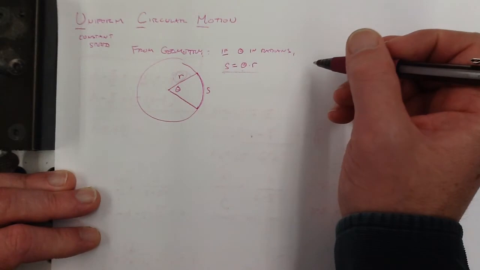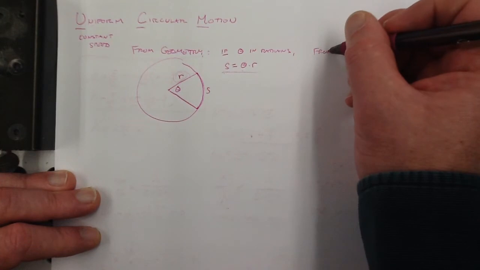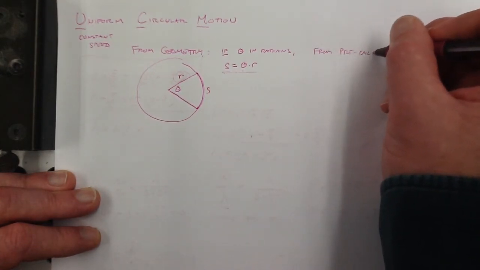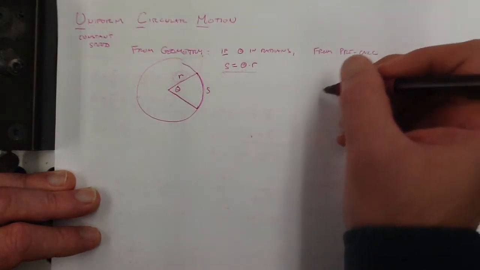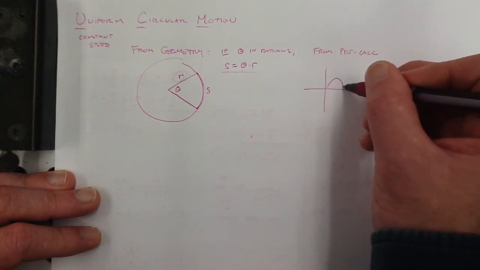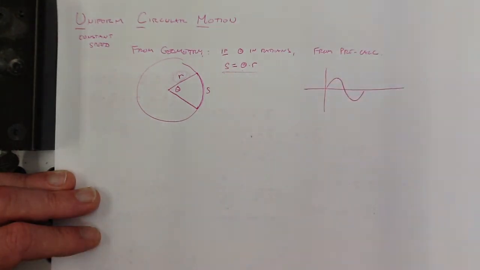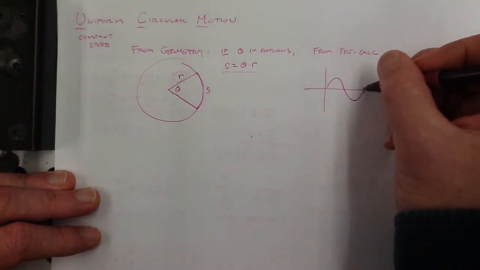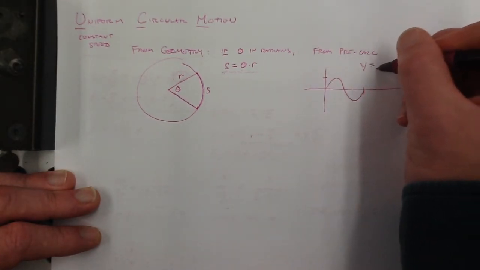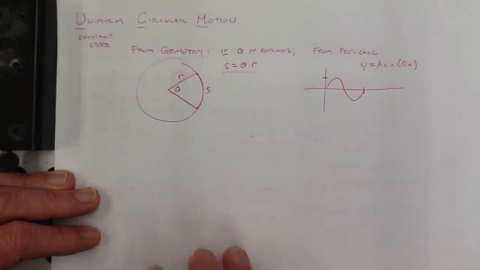And then also from, I don't know, pre-calc, I guess. You know that if you have a sine or cosine, I'm going to use sine here, but the same thing is true for cosine, with an equation y equals a sine bx.